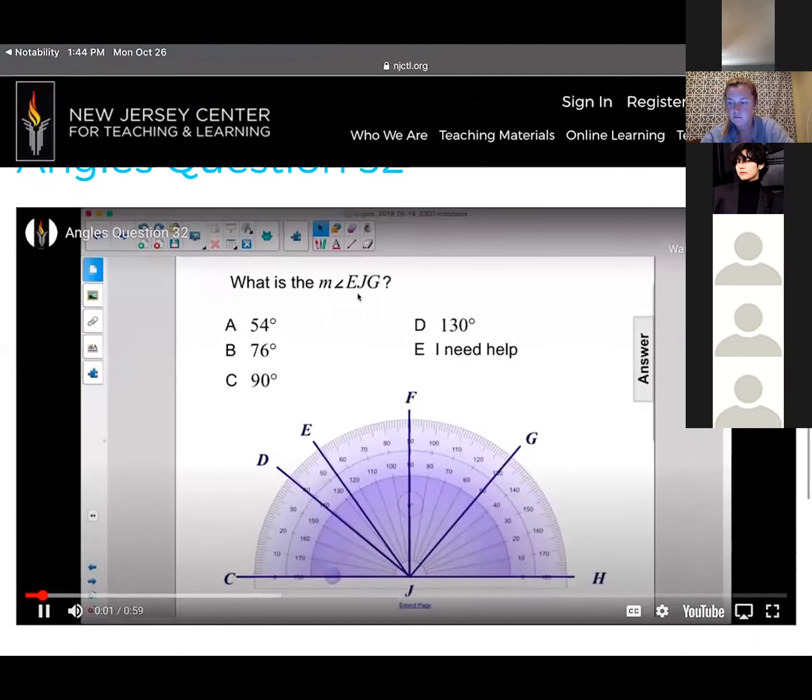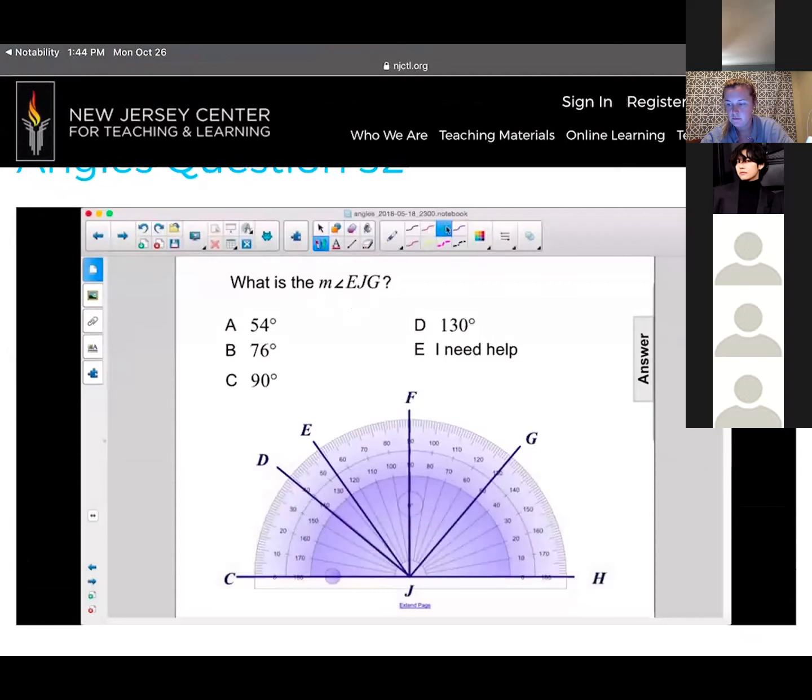What is the measure of angle EJG? So EJG, that goes from here all the way over to here. So this here is at 54 degrees, and this line here is at 130 degrees. So we want 130 minus 54 to give us this amount in here.